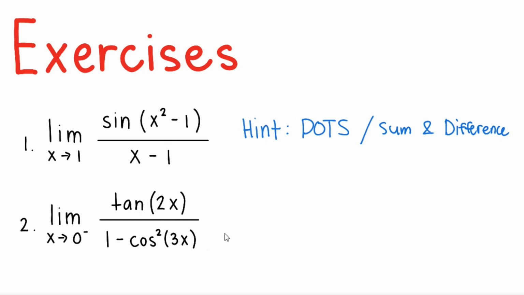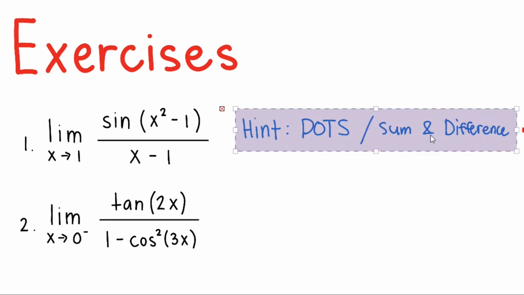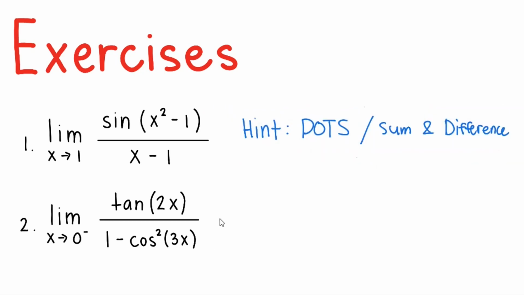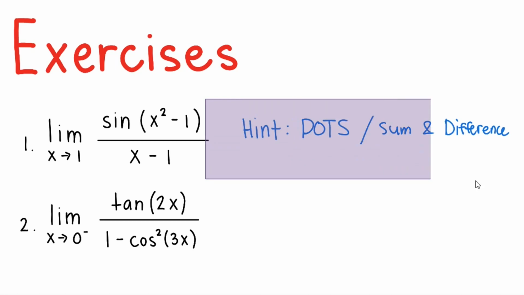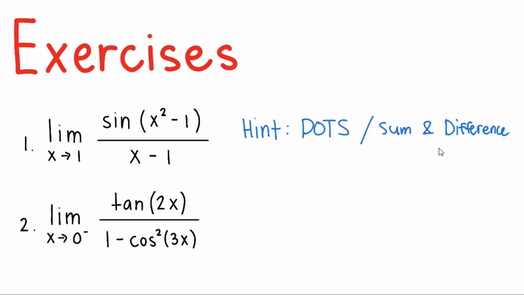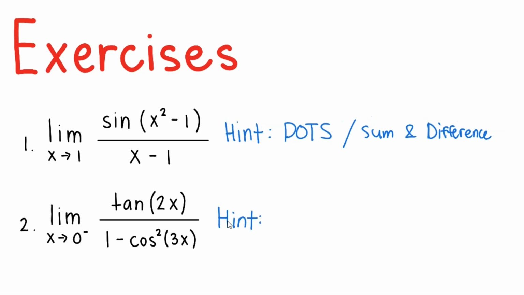And then for this next one, for this one, as a hint, the key is to take note that we can apply the Pythagorean identity in this denominator. So take note that sine squared theta plus cosine squared theta is equal to 1.